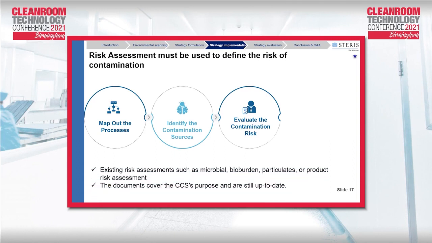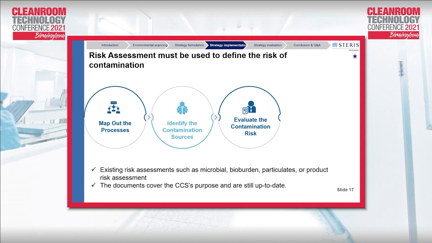Yeah, one other step is, like we say, after developing your strategy, the goal is to implement the strategy. And to implement the strategy, the first step is to look at mapping out the different processes. For example, for facility, for cleaning and disinfection, for sterilization.